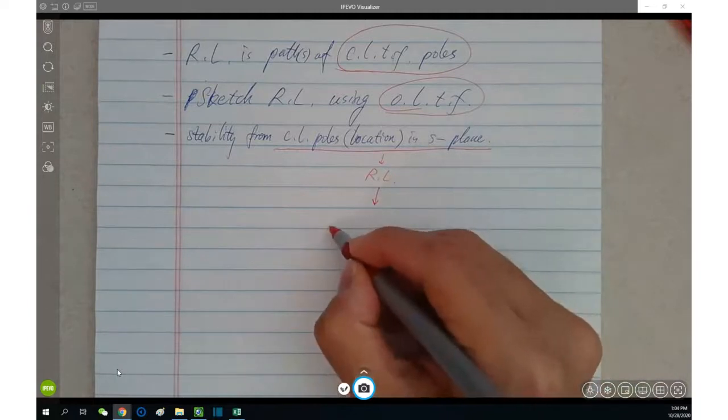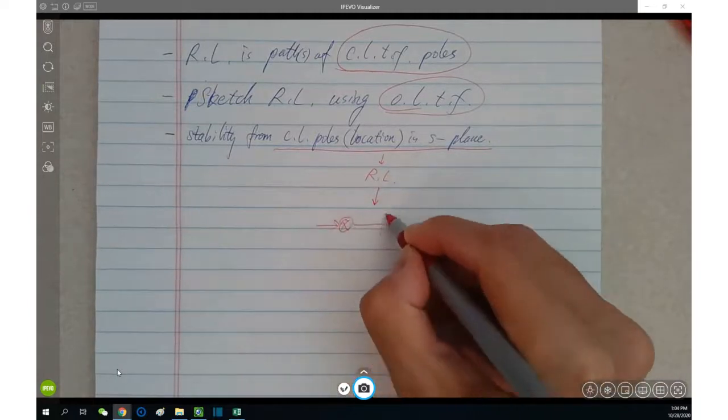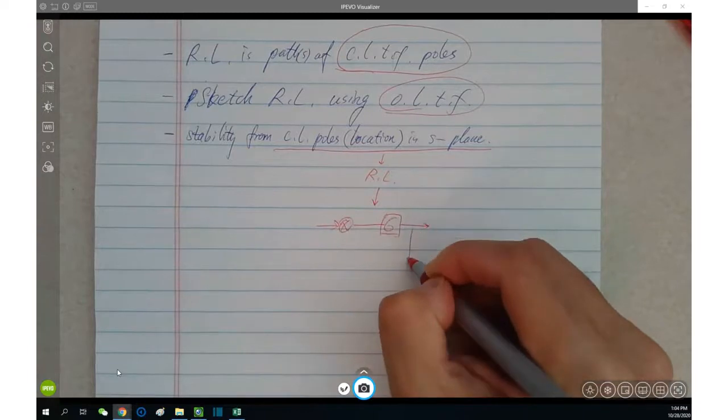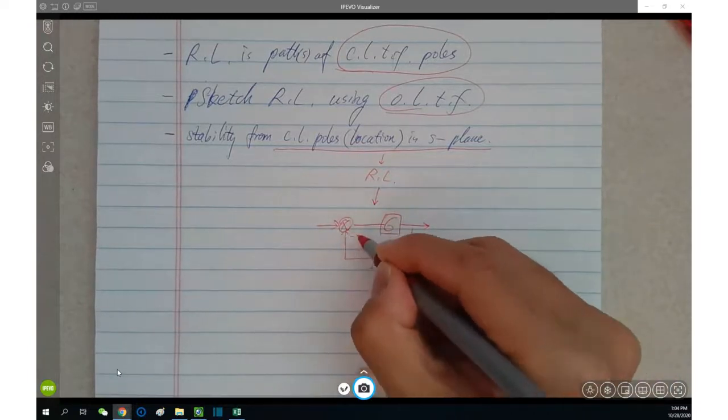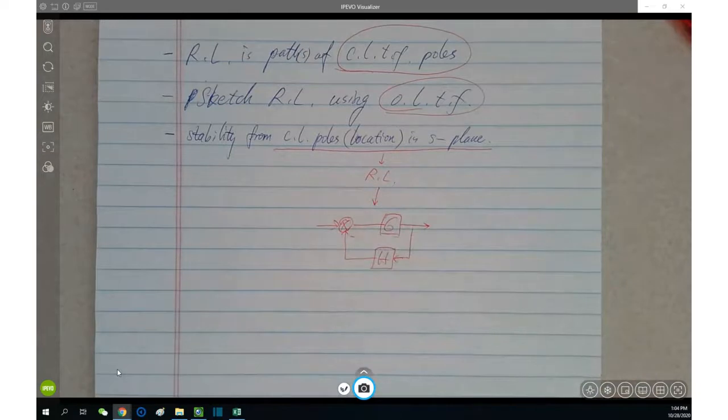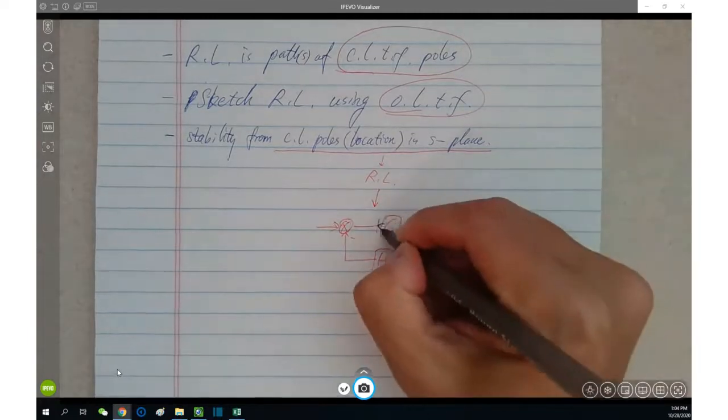So for a system like this, with forward transfer function of G, feedback transfer function of H, this generic transfer function, we are obtaining root locus by what? By introducing a K constant, right?